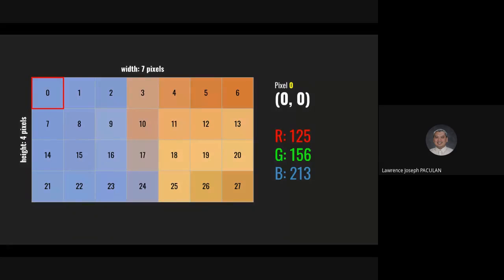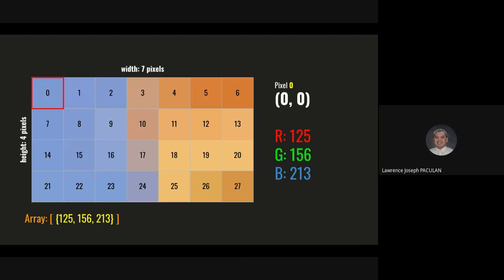So we see that the color is bluish because the value for blue is much higher than the red and the green, and it's almost near the maximum value, which is 255. Okay, but it's not pure blue. That's why we have some values in red and in green.